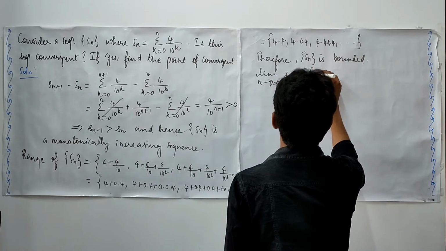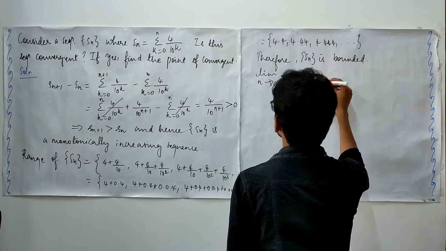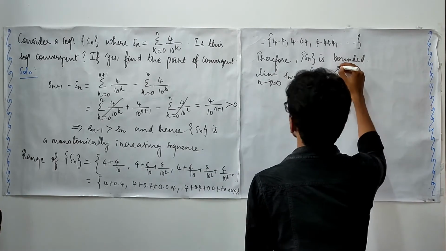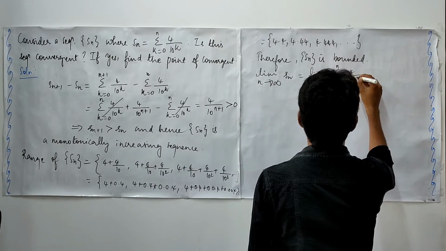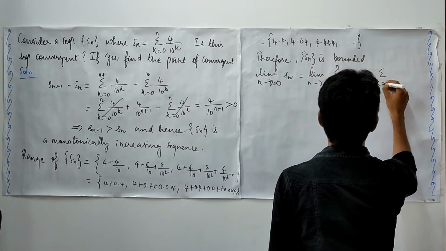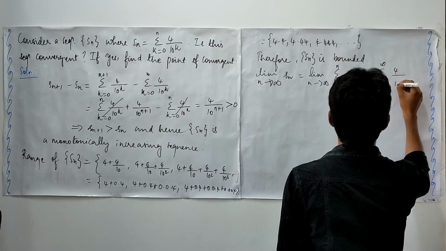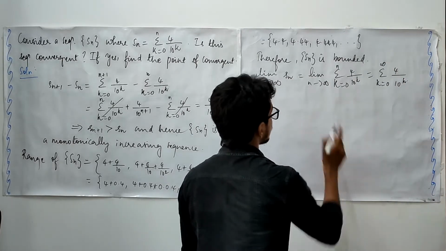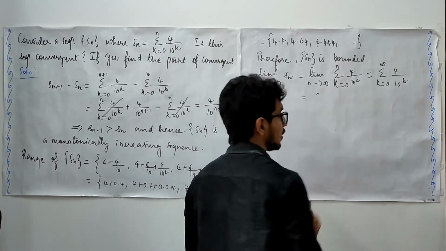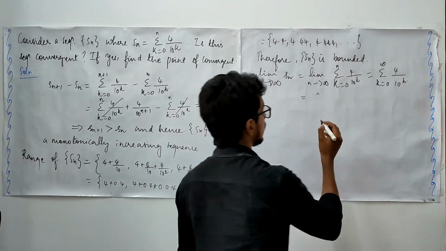This is what we need to find out: limit n tends to infinity of summation k runs from 0 to n of 4 upon 10 power k. So we have the formula, that is a upon 1 minus r. So here a is what?